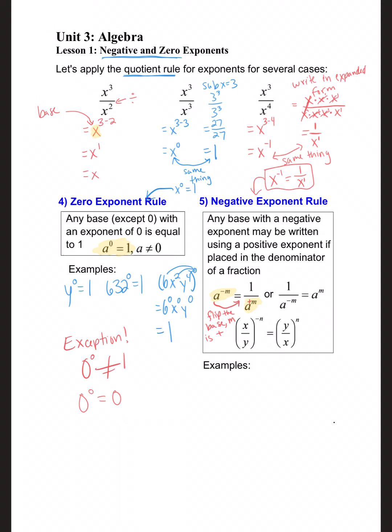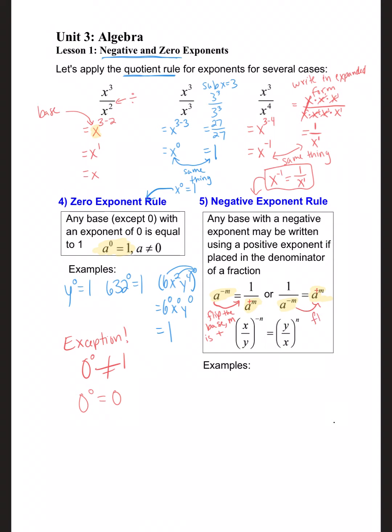So it's no longer negative, it's positive. Or if we looked at it the other way, say we had a fraction with a negative exponent, if we wanted to make that positive, again, we're going to flip our base, and it's going to become positive. So you can go the other way.